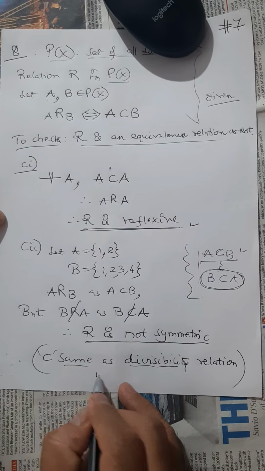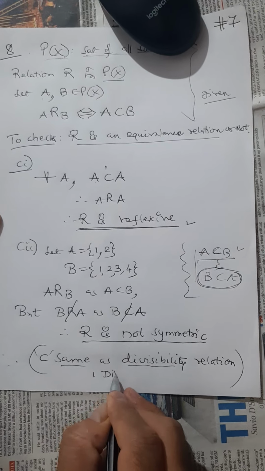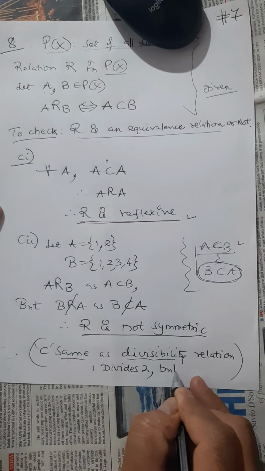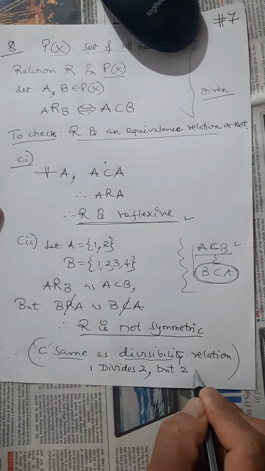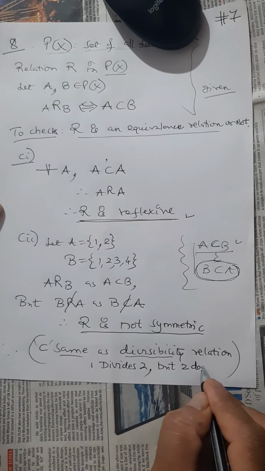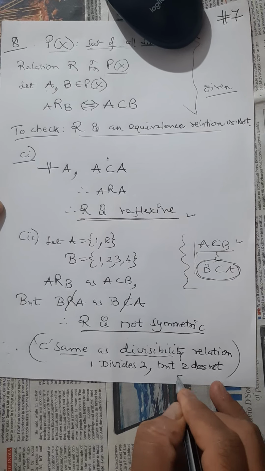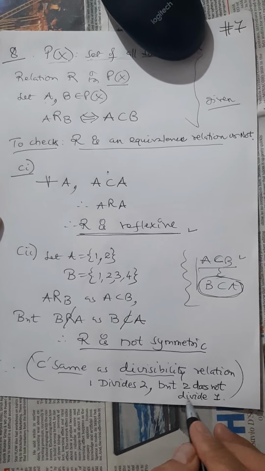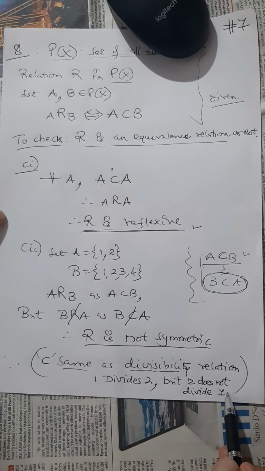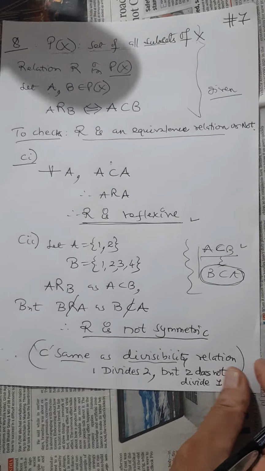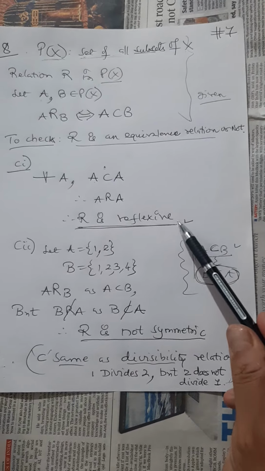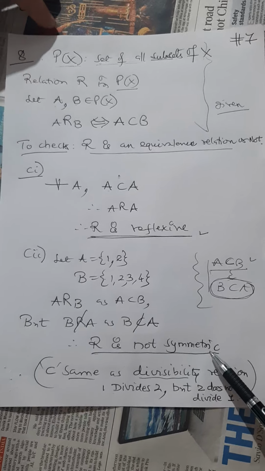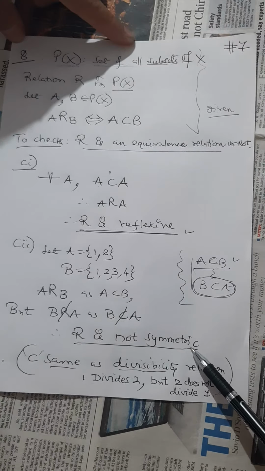For example, 1 divides 2, but 2 does not divide 1. 1 is related to 2, but 2 is not related to 1. So here you can say that this is reflexive but not symmetric, and therefore it is not an equivalence relation.